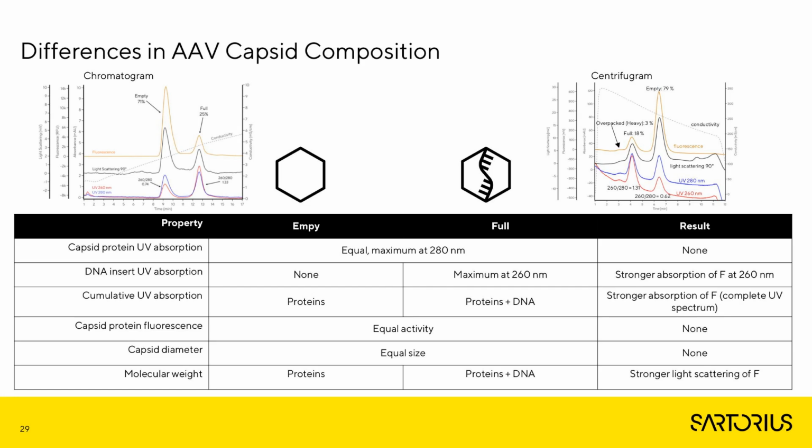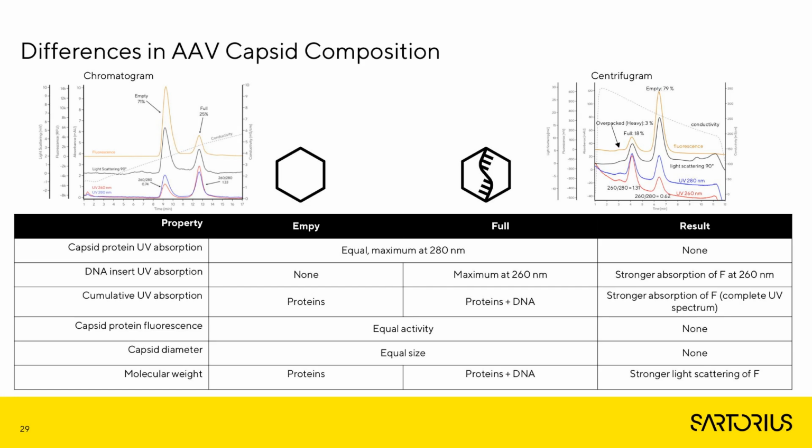for example, a DNA insert increases the UV absorption at 260 nanometers. So usually the full capsids display stronger absorption at 260 nanometers.